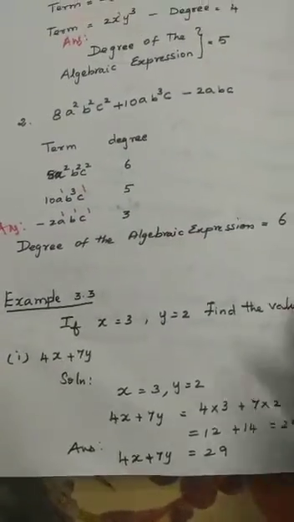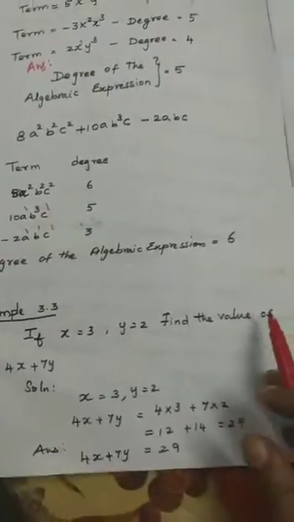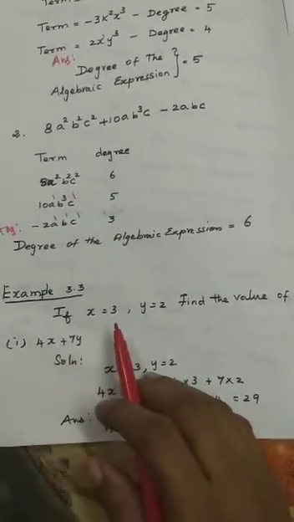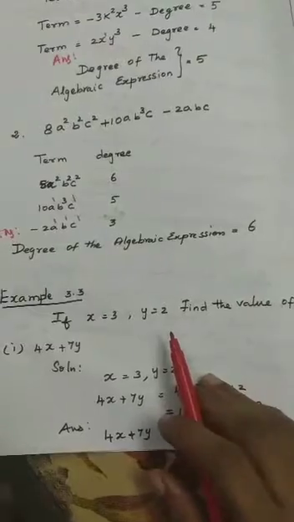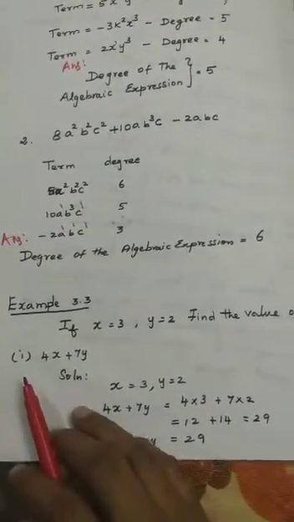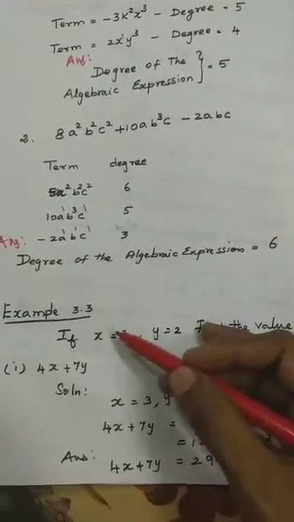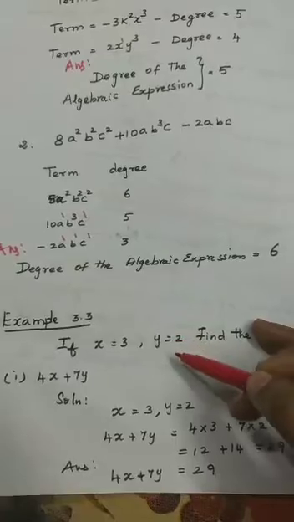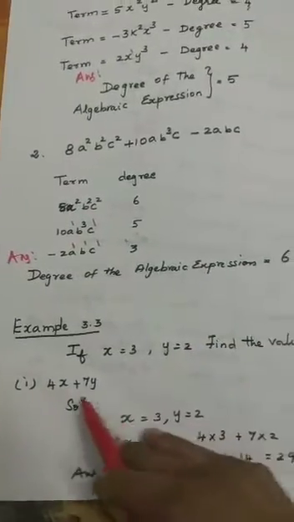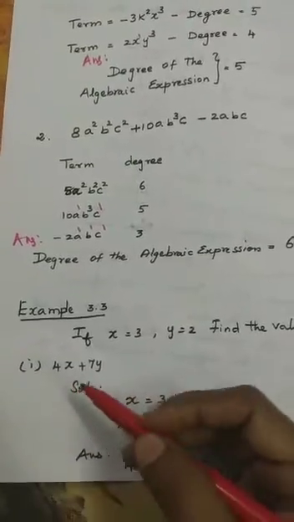Okay. Then we shall see example 3.3. We have to find the value of, if x is equal to 3, y is equal to 2. Find the value of, first one, 4x plus 7y. We know the value of x as 3, and value of y as 2. We have to substitute these values in this expression.